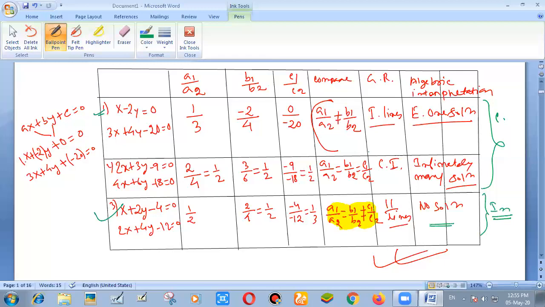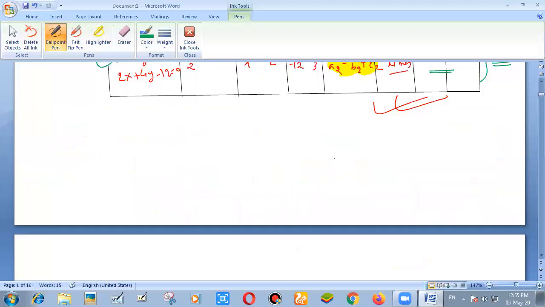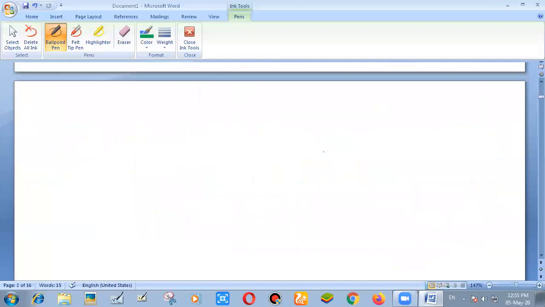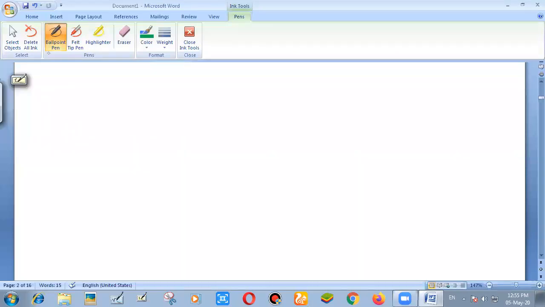Okay. Now let me solve the first question. All of you write down the question in your classwork copy. The first question: 5x minus 4y plus 8 equal to 0, then 7x plus 6y minus 9 equal to 0.